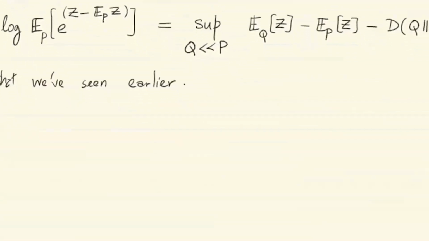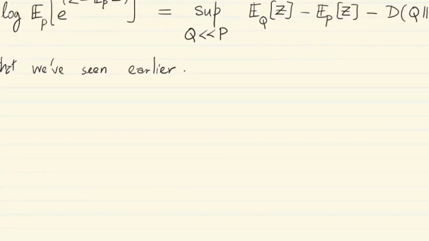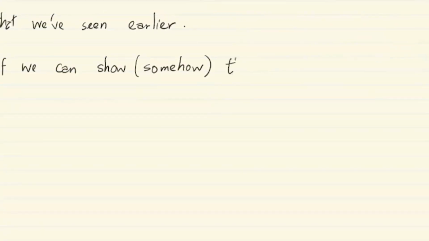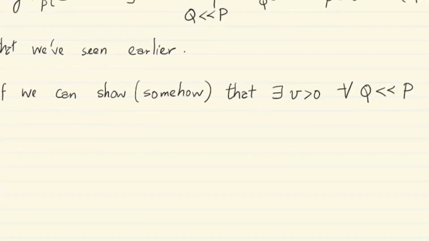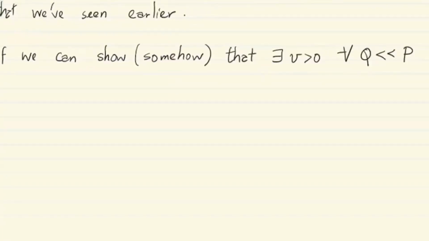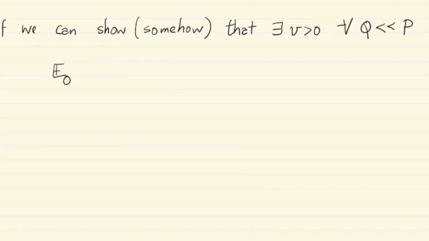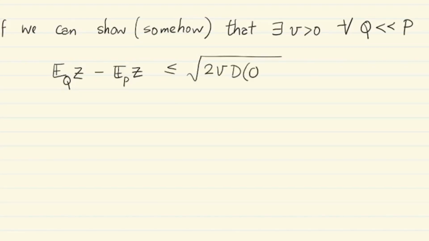Now with this formula in hand, suppose we can somehow show that there is some positive number v such that for all measures q absolutely continuous with respect to p, the quantity E_q z minus E_p z is bounded by the square root of 2v times D(q||p).